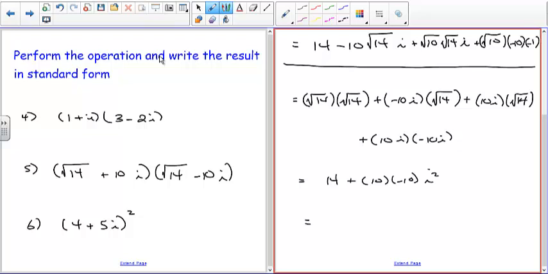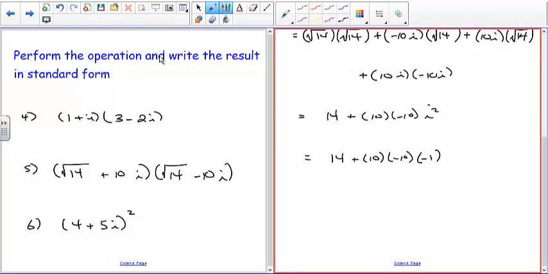So i squared is going to be negative 1. So replace i squared with negative 1. And so what you've got is 14. Here we've got 10 times negative 10, which is negative 100, times negative 1 is positive 100. So the answer is 114.